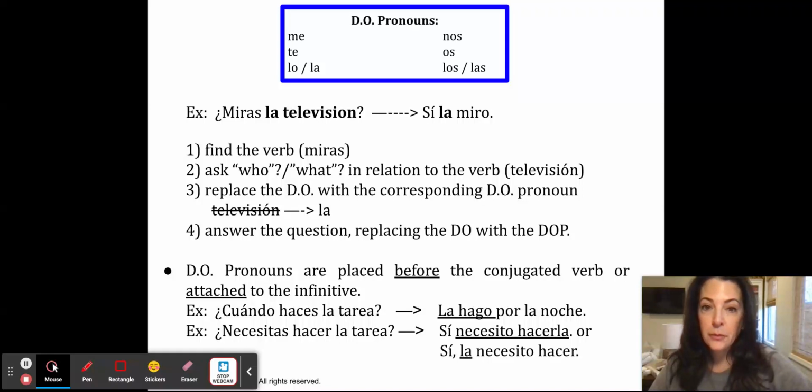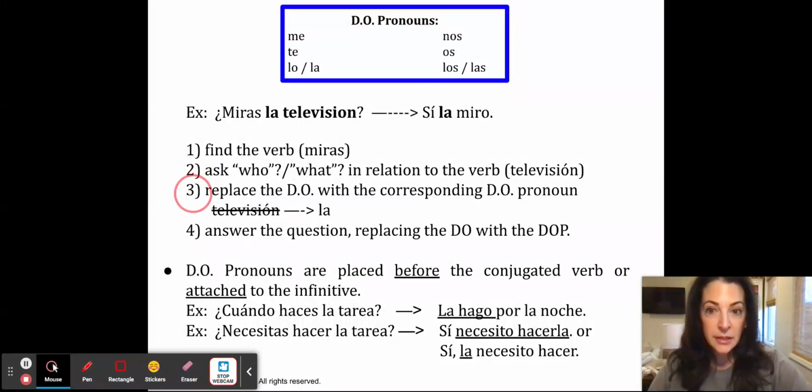Let's look at this example. We're going to practice taking the direct object and replacing it with a direct object pronoun. The question is, ¿miras la televisión? Número uno, find the verb, miras. Número dos, ask who or what in relation to the verb. So, who or what do you watch? Televisión.